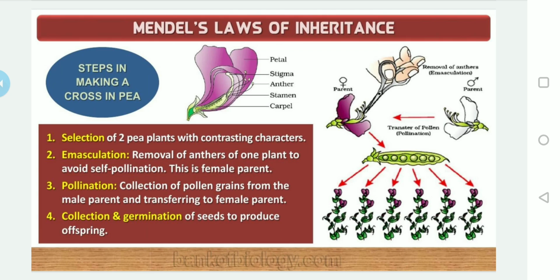The pea plant exhibits distinct contrasting characters, which means they can be easily identified. If they are tall or dwarf, or the seed shape is round or wrinkled, it can be easily identified, isn't it?